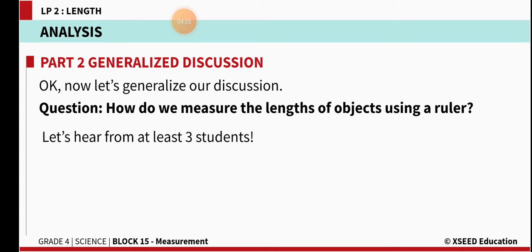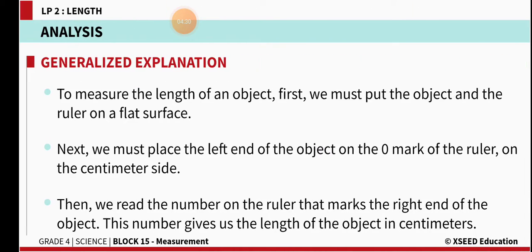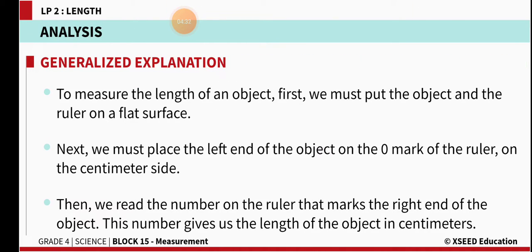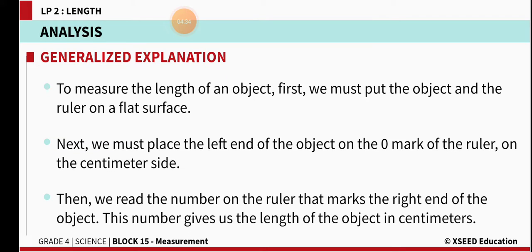Now we'll discuss, based on our activity, how do we measure the length of objects using a ruler. As I told you just now and showed in the video, to measure the length of an object, first we must put the object and the ruler on a flat surface. Next we must place the left end of the object on the 0 mark of the ruler on the centimeter side.